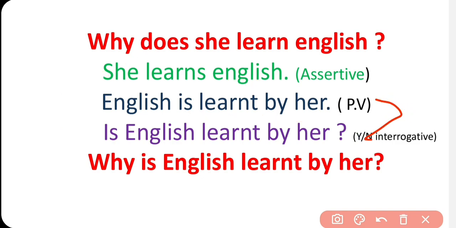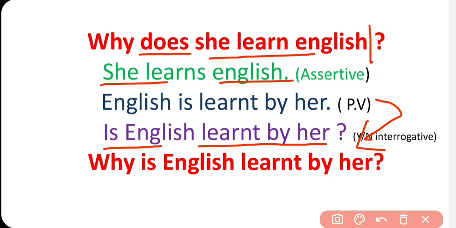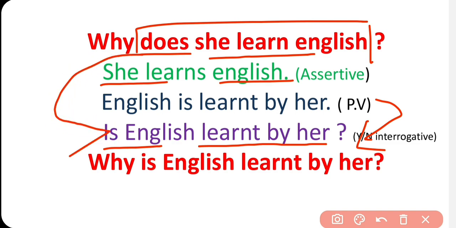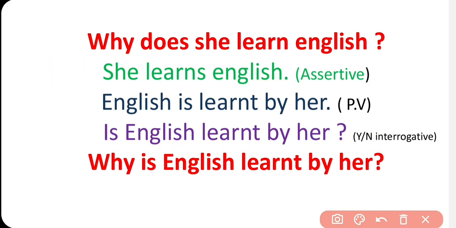So what will be the yes no type interrogative form of this sentence? Is English learnt by her? This sentence was originally a yes no type question, and the passive voice of this yes no type question is: Is English learnt by her? So what will be the actual passive form of this sentence that you have to do?